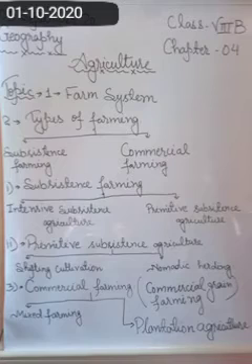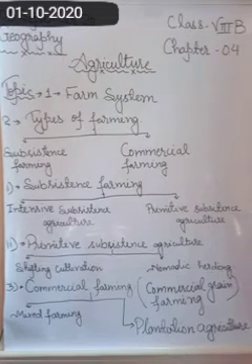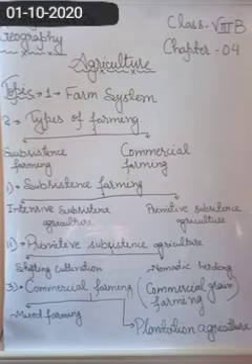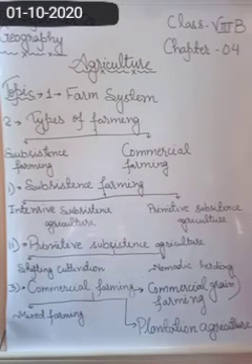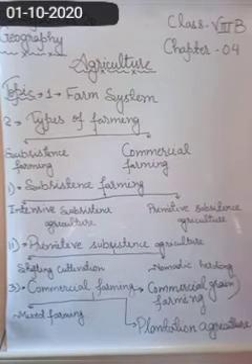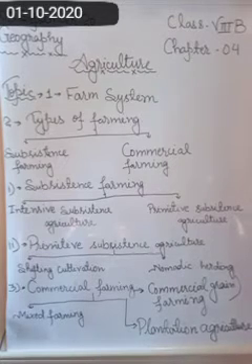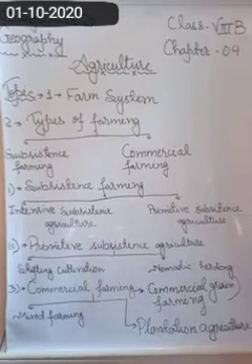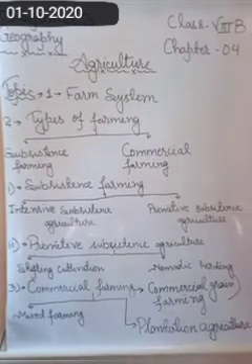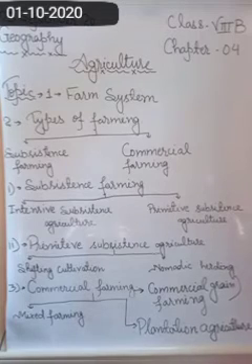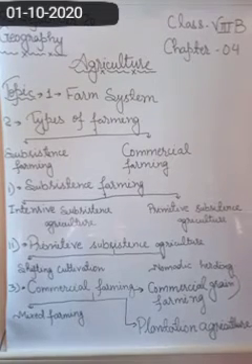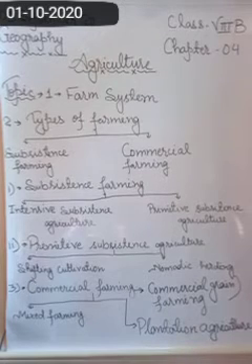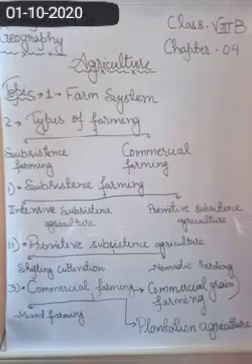Commercial farming also includes grain farming, mixed farming, and plantation agriculture. Okay? So students, in commercial grain farming, crops are grown mainly for business, to sell in the market. Especially wheat and maize are very important commercially grown grains.